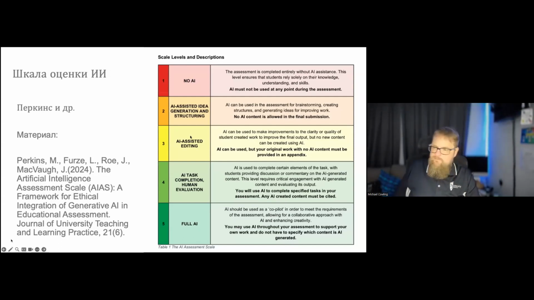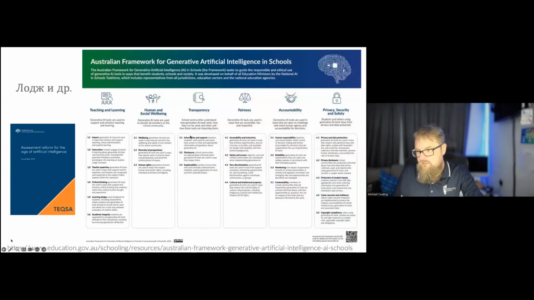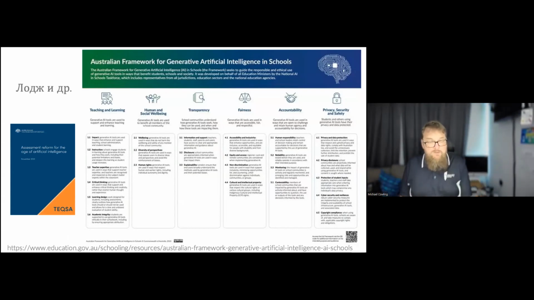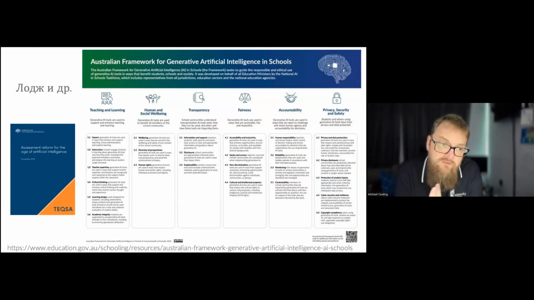The last one that I'm going to show you is this model here. And there's actually two parts to this, both written by the same person. The person I'm talking about is Jason Lodge. Jason Lodge is an academic in Australia. I'm sorry, all my examples are Australian because of where I'm from.